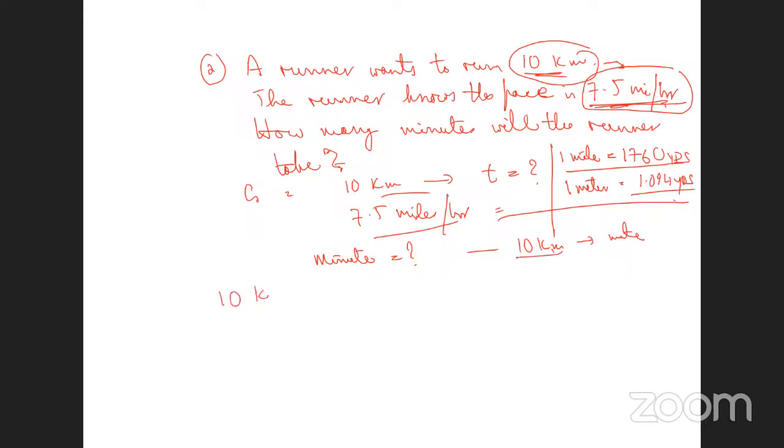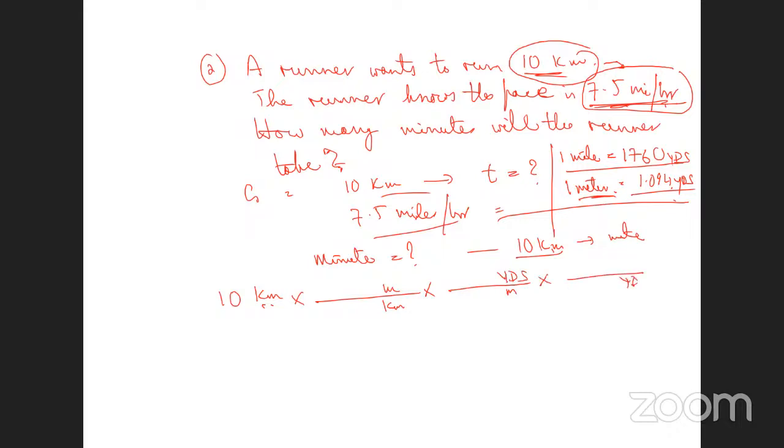10 kilometers, they gave meters, right? We don't have a direct conversion from kilometers to yards or miles. You might know it, but you have to use what is given. So what I do is I cancel kilometers and turn it to meters. Then meters to yards I have been given. Then I have to put meters at the bottom and yards at the top. Then yards to miles.